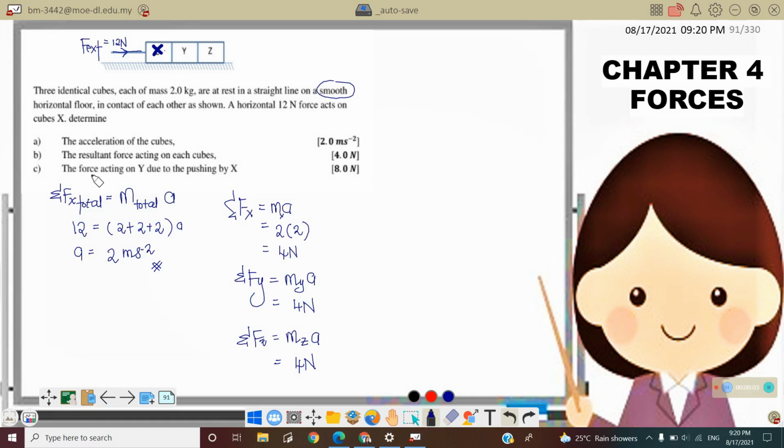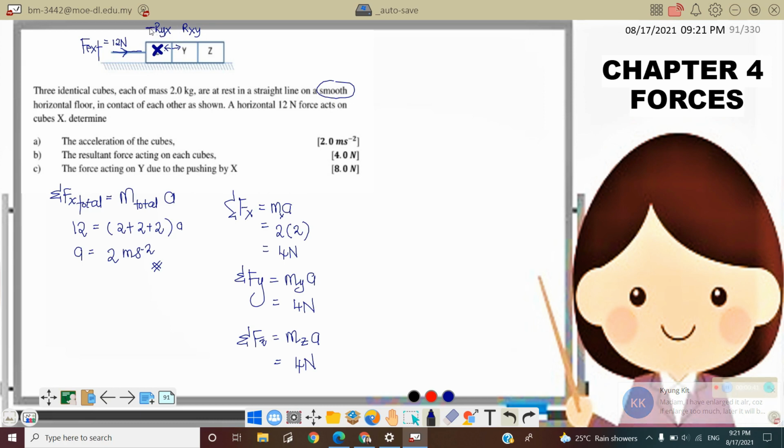For question C, the force acting on Y due to the pushing by X. There is a force acting between the X and Y cubes, meaning that there is a reaction force that Y acts on X, and a reaction force that X acts on Y. If we label this R Y on X, this one will be R X on Y. They have the same magnitude but different direction.